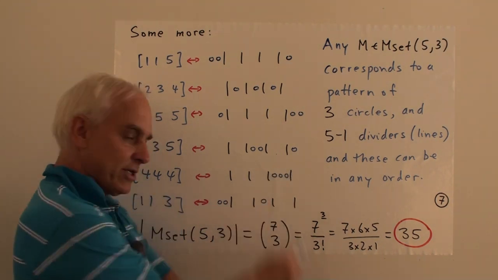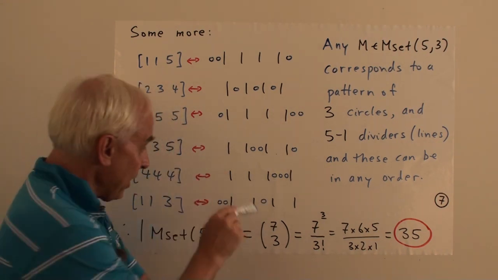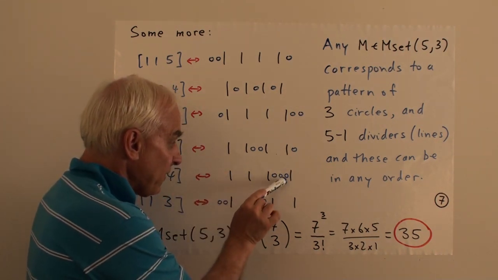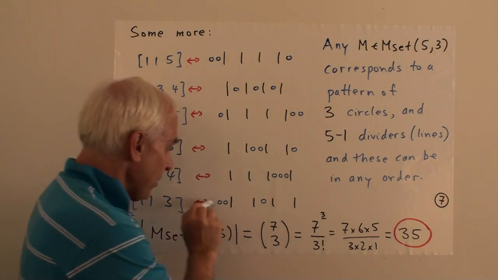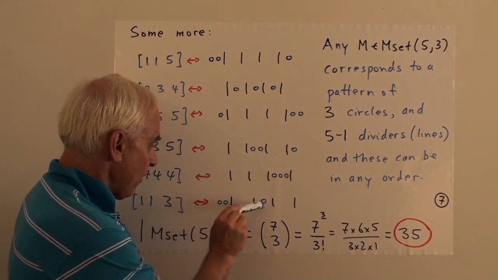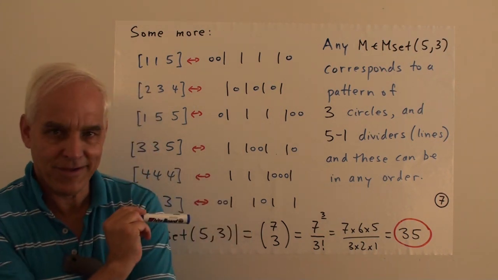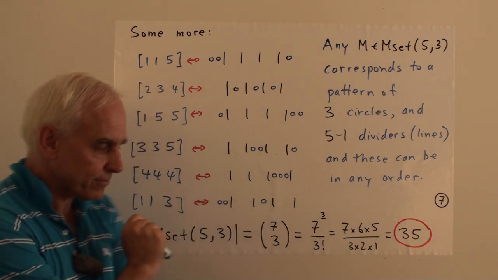There are always 7 objects. And this one is specified by the circles being the 1st, the 2nd, the 3rd, the 4th, the 5th, and the 6th. Here, the 3 circles are the 1st, the 2nd, and the 5th of these 7 objects.